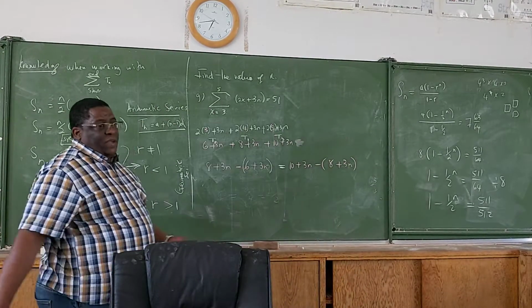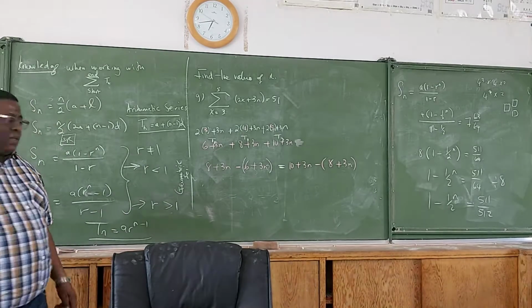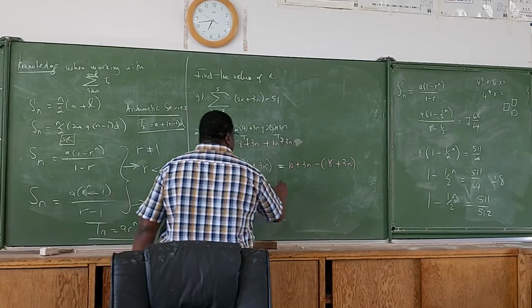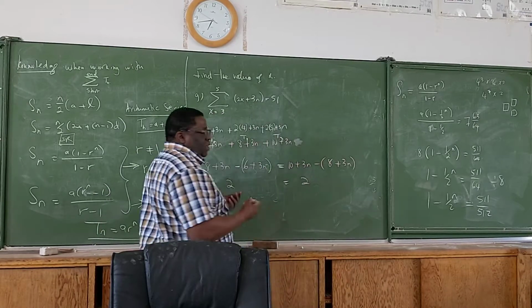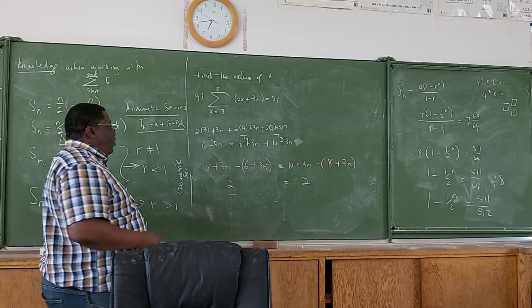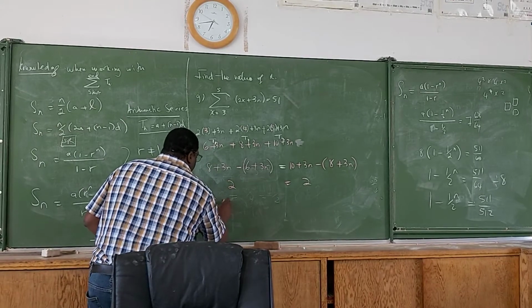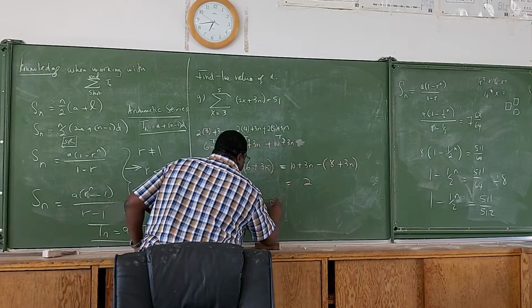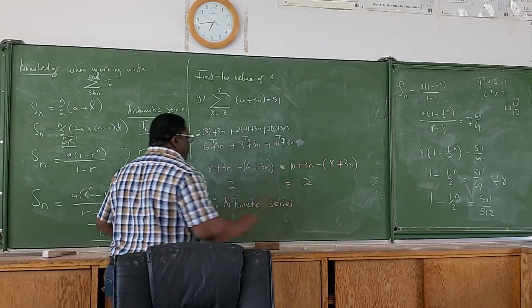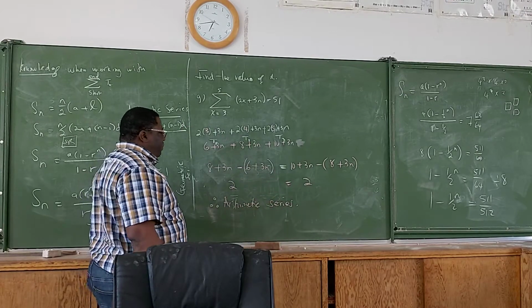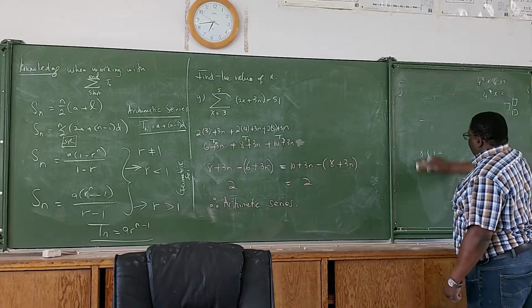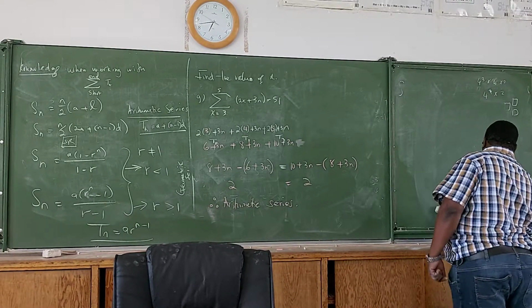So the 3n's will disappear, right? 8 minus 6 is 2, and this is also going to be 2. The 3n's will disappear. So therefore, we are dealing with an arithmetic series. What is our first term? 6 plus 3n.